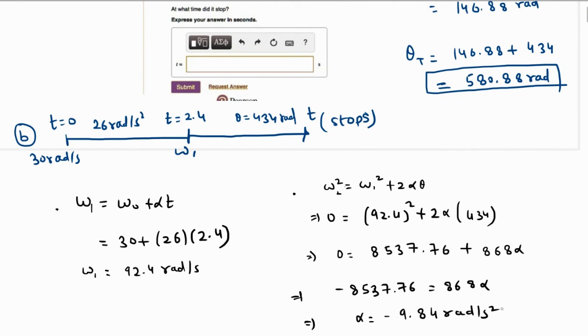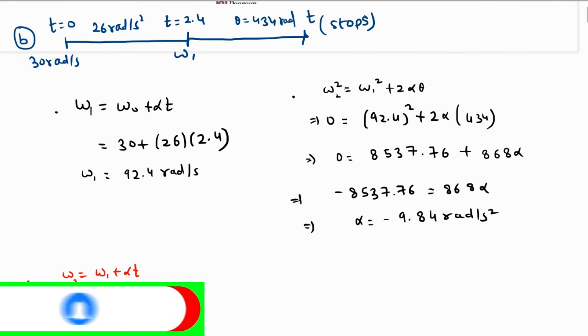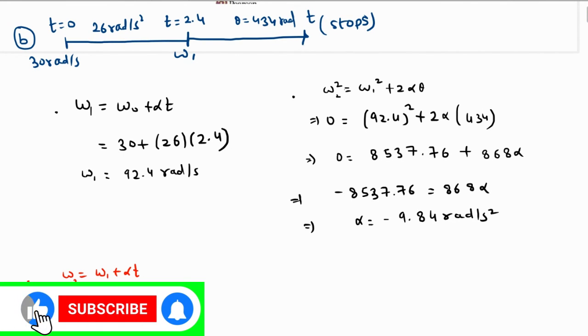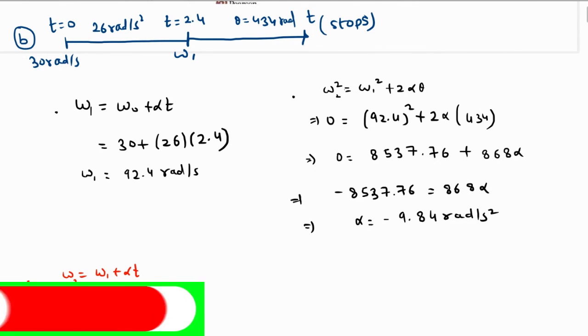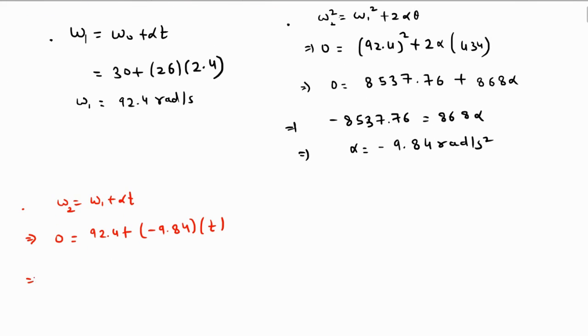Again, this is not something which is asked, but it was required to find out the time. And now we can easily find the time by using the first equation of motion, that omega 2 is equal to omega 1 plus alpha t. Omega 2 is 0, omega 1 is 92.4, alpha is minus 9.84, and the time is unknown, which we have to find. So if you rearrange, 9.84 t is equal to 92.4.